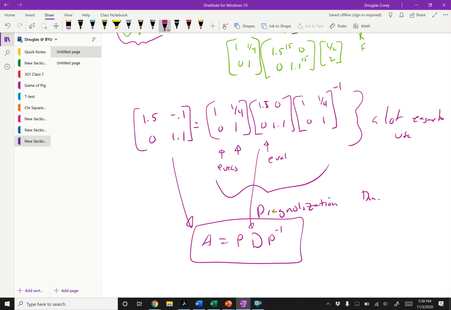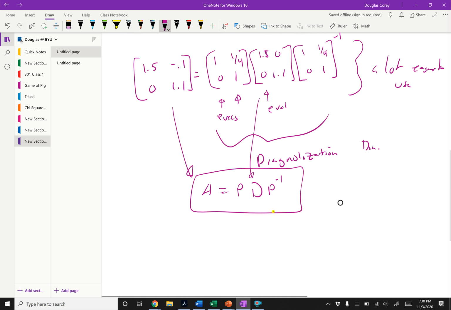Sometimes there are other matrices, even if D isn't diagonal, if it's just another matrix that we'll call B, sometimes you can write matrices this way. Even if B isn't diagonalizable, it still shows an important relationship between A and B, and this is called similarity.